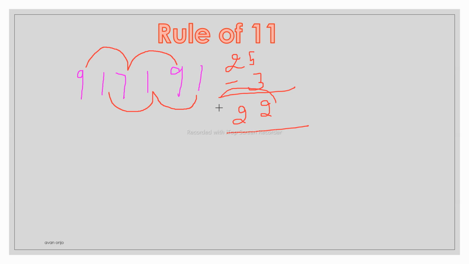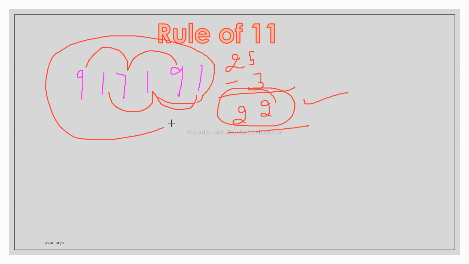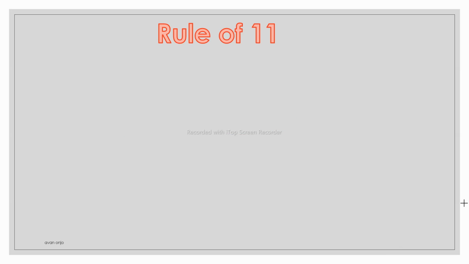This is divisible by 11, so this whole number is divisible by 11. I'm so sorry for the previous one. Sometimes you have to write a question with some gap, otherwise it becomes messy and you get confused.